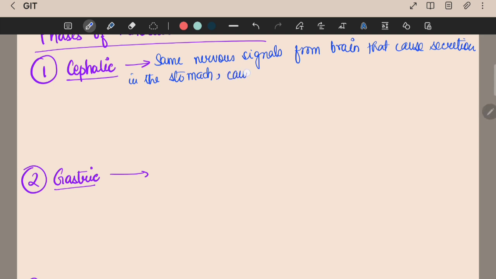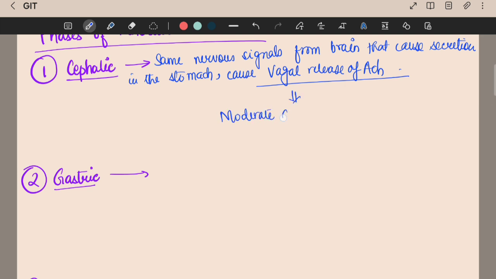This signaling causes a moderate amount of enzymes to be secreted, approximately 20%. However, little secretion flows immediately into the pancreatic duct and the intestine, because only a small amount of water and electrolytes is secreted along with the enzyme.